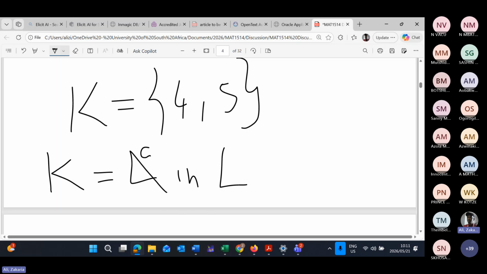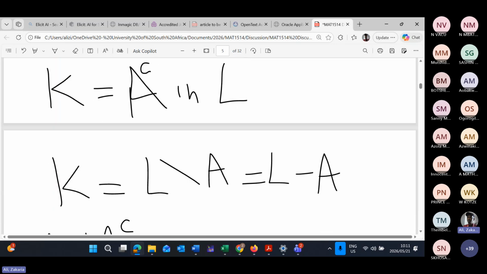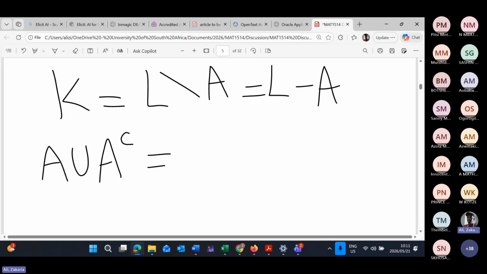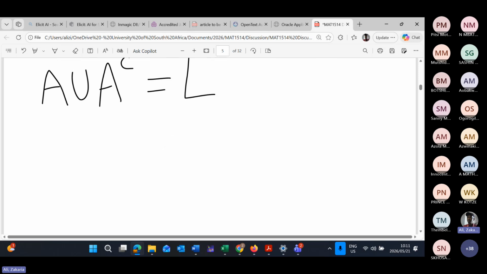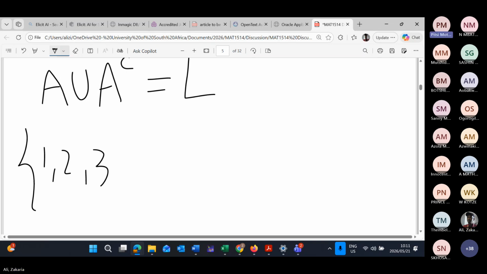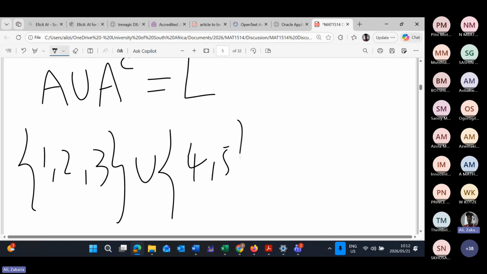So I'm going to keep the A here as it is. Now, when you take A and A complement, you put the U. U here stands for the union, or an 'or'. That gives you the set L. A is given by 1, 2, and 3, and the A complement is given by 4 and 5.